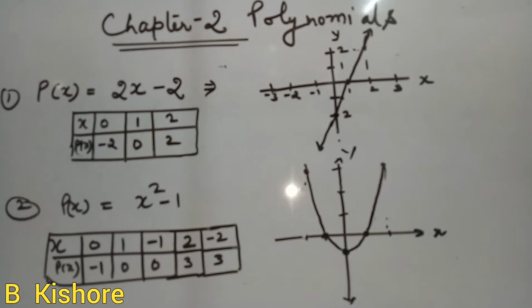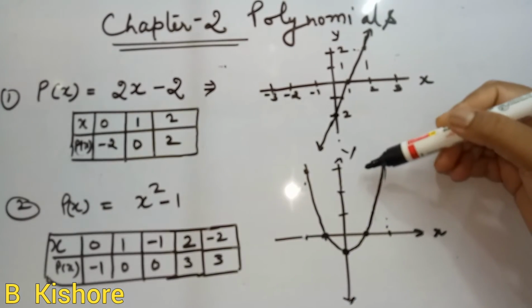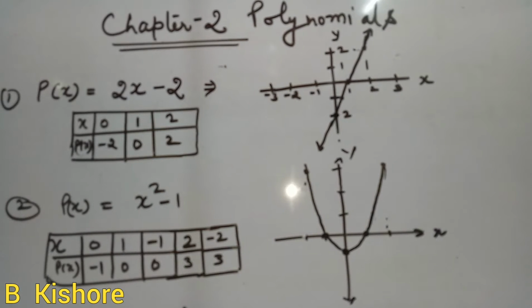Similarly, if we take another type of graph like this, quadratic polynomials, we will get a graph like this. Now what is the difference between this and this? Also I would like to mention that if you want to make a graph of this, 3 points are not sufficient.